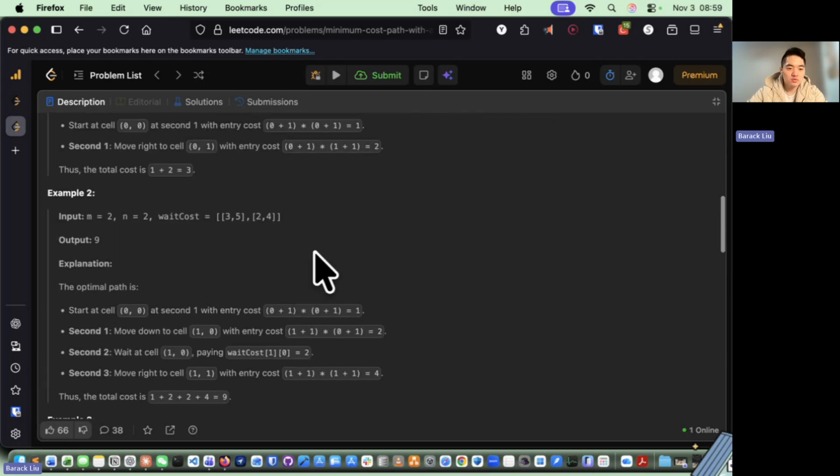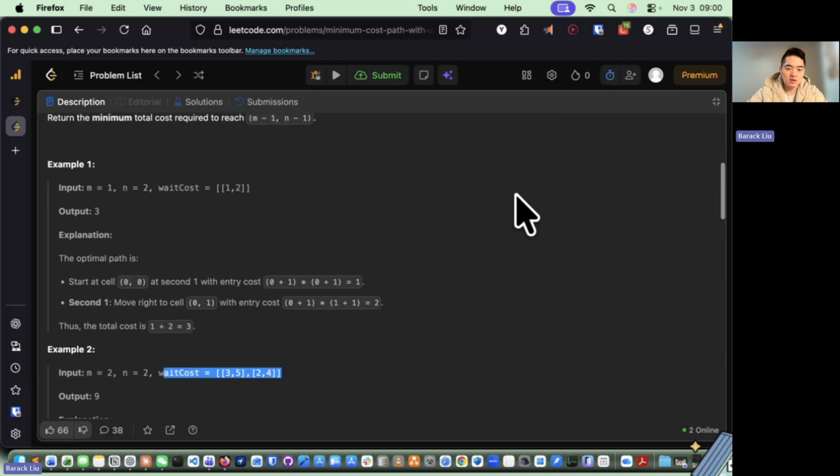Example 2, the input m is equal to 2, n is equal to 2. waitCost is [[3, 5], [2, 4]]. In this situation, our target cell is (1, 1). waitCost, let's see.